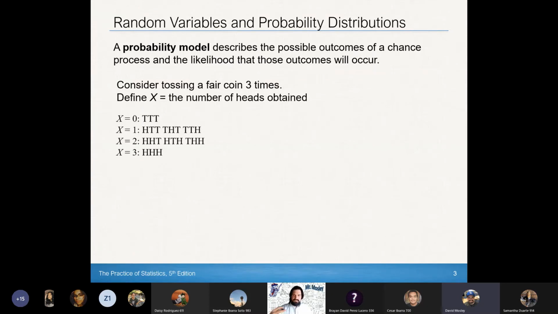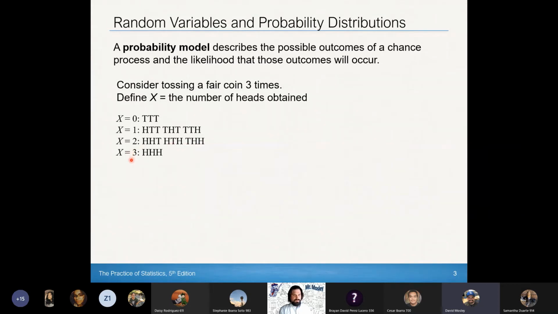Right. Given this context and what X represents, there are 4 possible values of X. We can have no heads, in which case we have all tails, right? We can have 1 head pop up, in which we could do a head first, have a head come up second, or have a head come up third, and the other 2 flips are tails, right? We can have 2. We can have 2 heads pop up first, 2 heads separated by a tails, or 2 heads last.